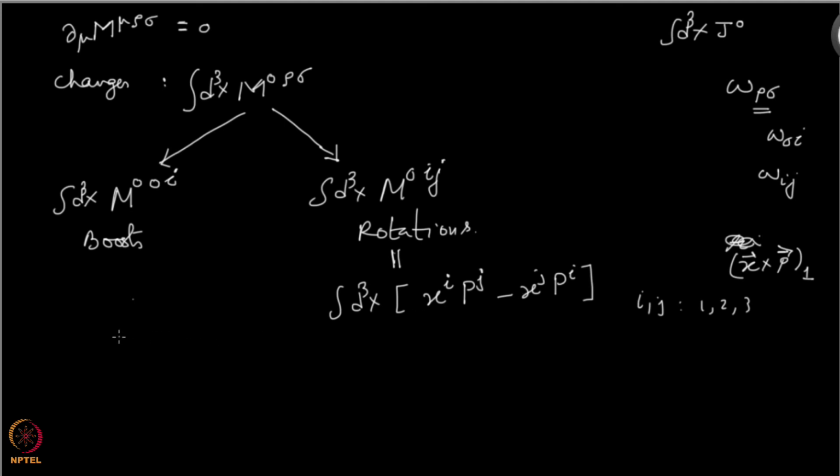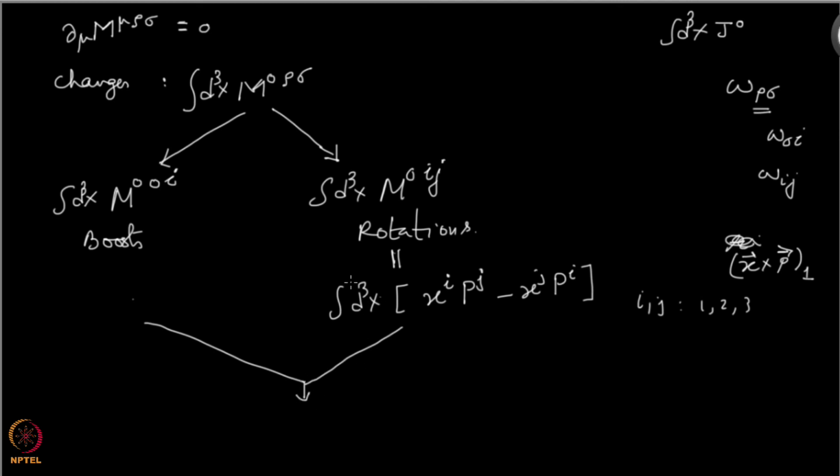So we expect to see something nicer, and to get that nice object I should combine this with the boosts, because those are related to omega_0i, and here this is only ij.